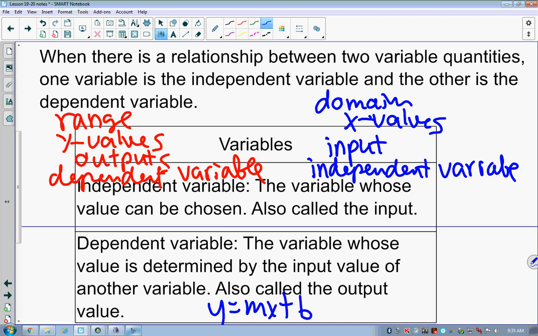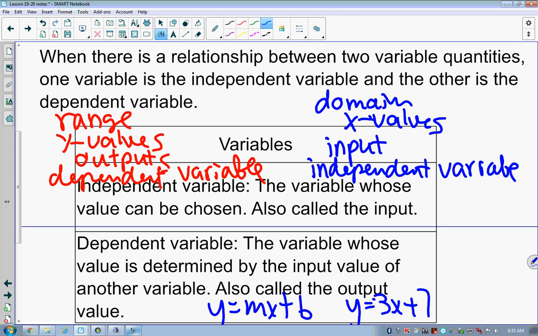So if they tell me something along the lines of y equals, let's say 3x plus 7, x is my independent variable, which means I can put in anything I want for x, okay? But y is wholly dependent upon what I put in for x. You follow me? Yeah. So I can make a table of values there, and I can start x is 0, x is 1, x is 2, x is 3, x is 4, but y depends upon what I put in for that x value. Okay? It is dependent upon what I do with x. Do we understand the difference between independent and dependent variables?